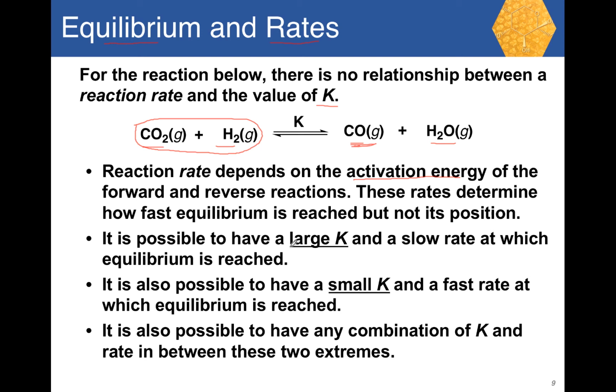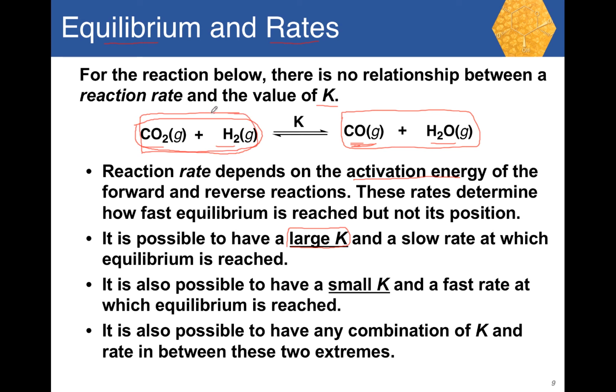Thus, it's possible to have a large K. A large K means that we have lots of products. The concentration of the product molecules is pretty large compared to the concentration of the reactant.